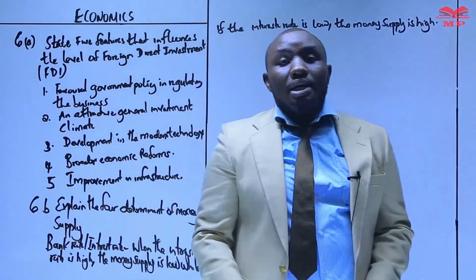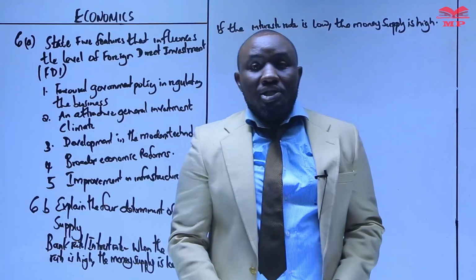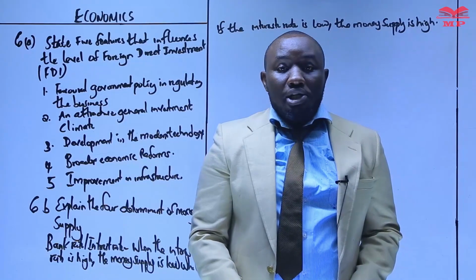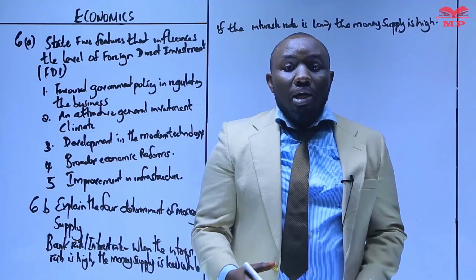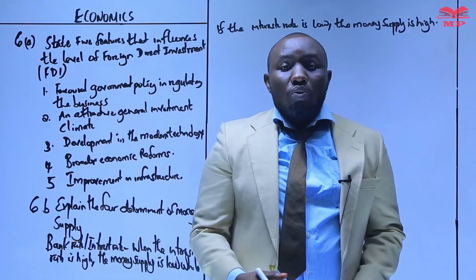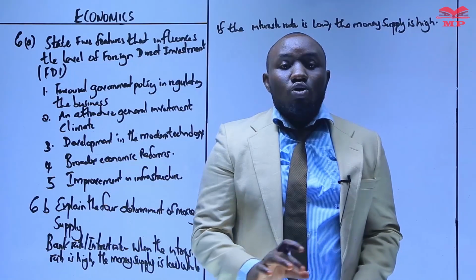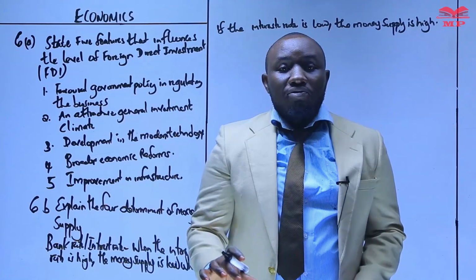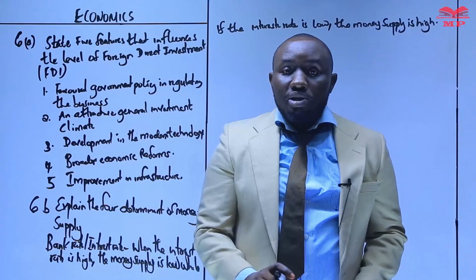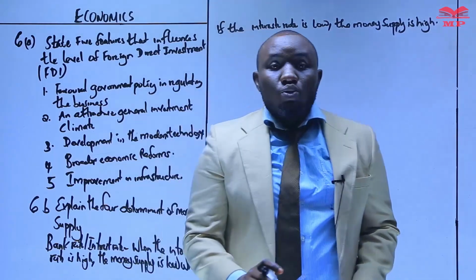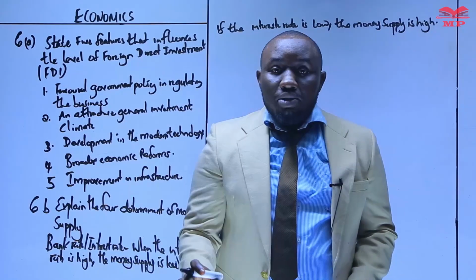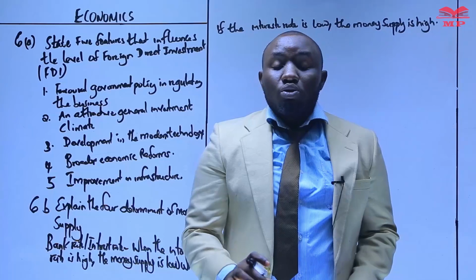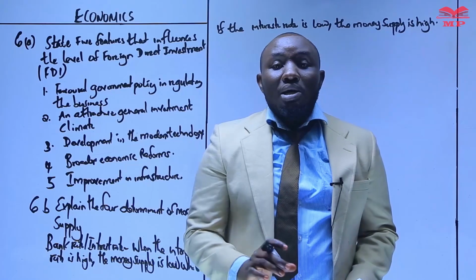We talk about the next factor, that is selective credit control. When you have credit control measures, for example selective credit control, we know that credit is given not to all sectors of the economy, but to specific sectors. That will definitely lead to a lower supply of money.